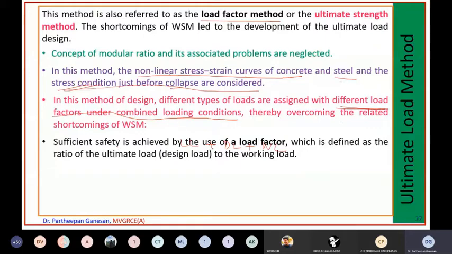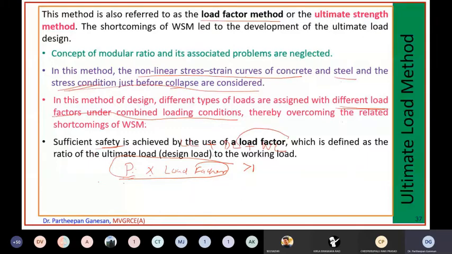Now, sufficient safety is achieved by the use of load factor, because your actual load in the structure is P, but you are multiplying this load by a load factor, and you are assuming this is your design load, and you are designing the structure, and this factor is always greater than 1. So you are designing the structure for more than the load actually acting on it. So obviously your design will be safe. What is load factor?